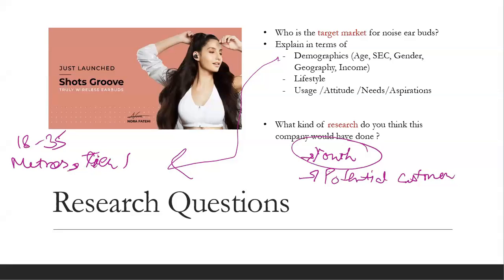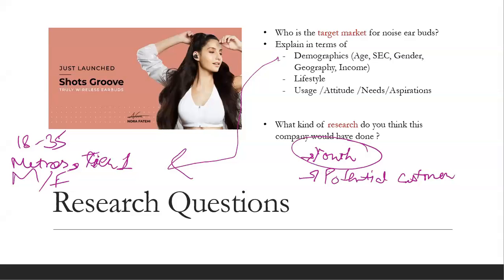And gender: do you think there is a difference in gender, or is this more of a unisex kind of product? No, ma'am, I don't think gender will matter here. Okay, maybe males would prefer it more. They might be more appealing to males since Nora is the brand ambassador.